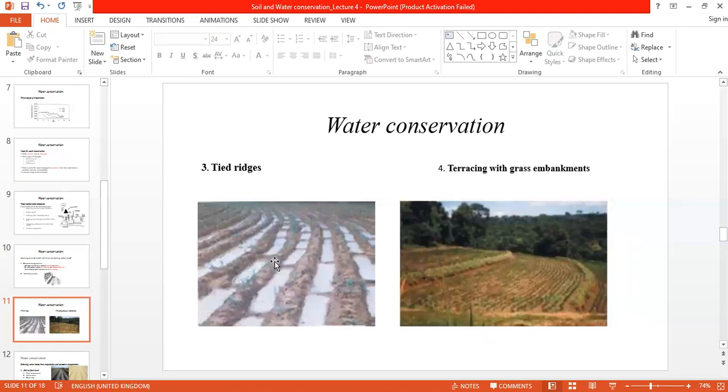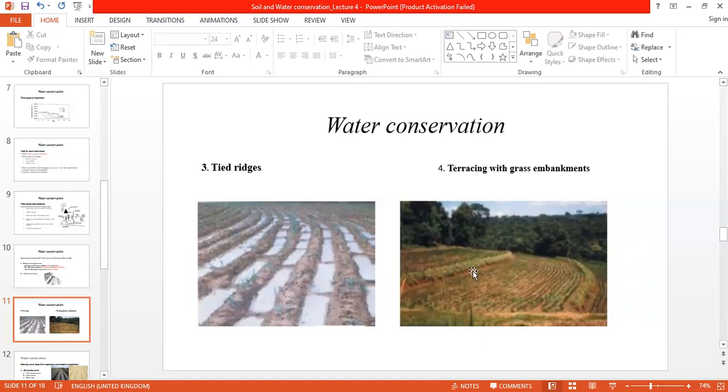So what you want to do is make sure that the rain that you have, you store it. We want to keep the water in the field so that the plants can be using it bit by bit. So that's the concept of the tied ridges.